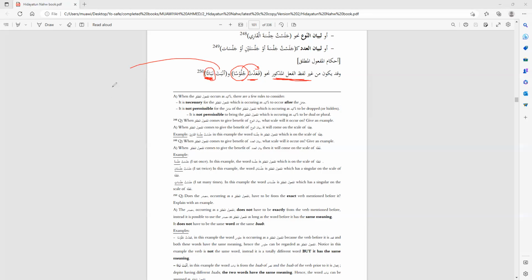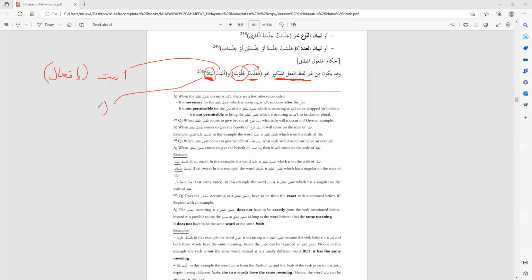This is why I said a trick question. Ambata, what scale, what bab is it from? If'al. And nabatan, what scale is that from? Nabata yambutu nabatan.